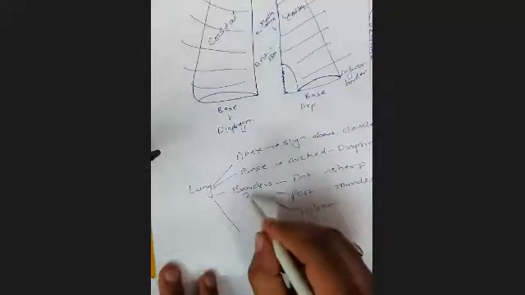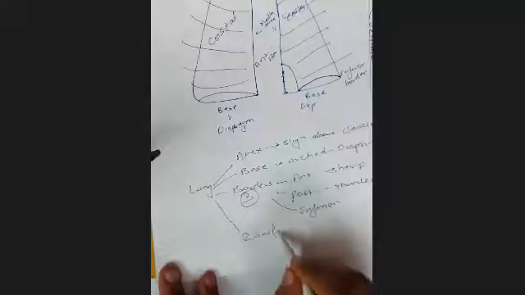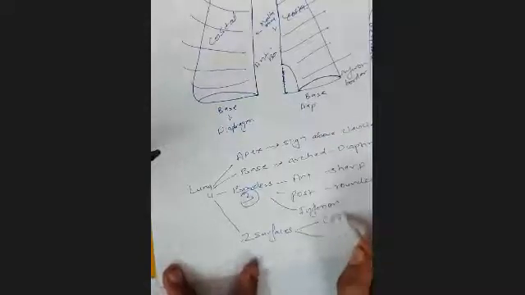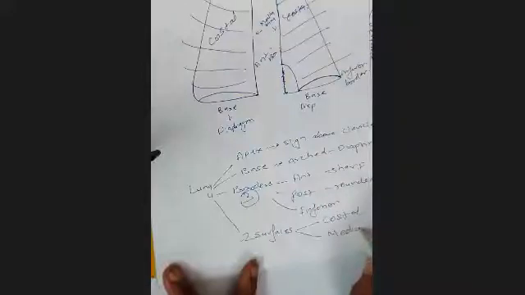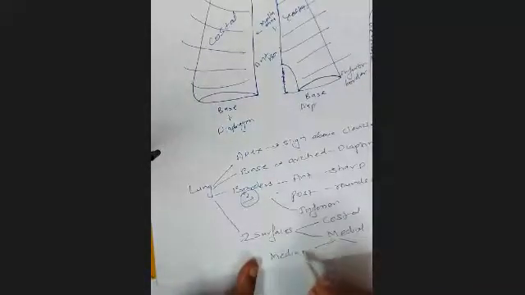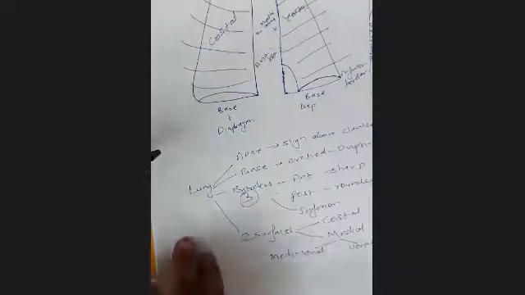So three borders and two surfaces. What are the two surfaces? Costal surface, which is in relation to ribs, and medial surface. The medial surface is further divided into mediastinal surface and posterior surface, which is called the vertebral surface.